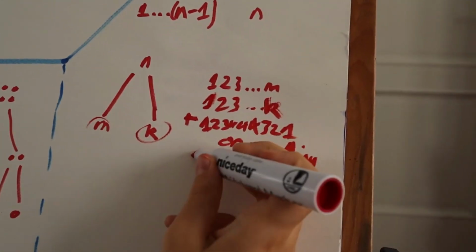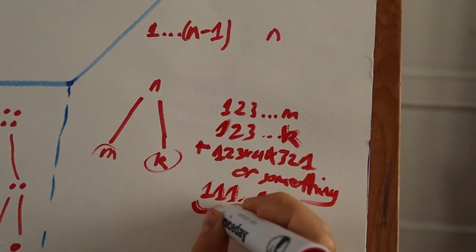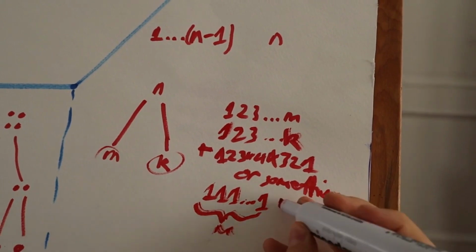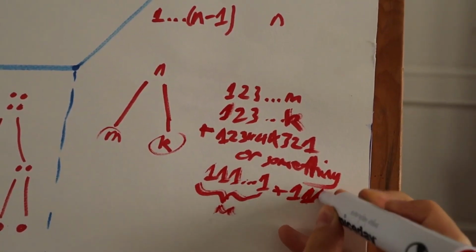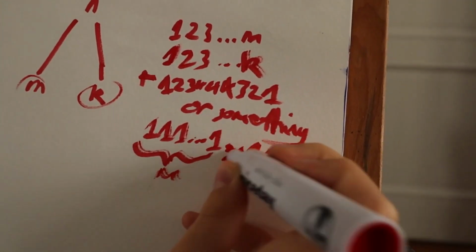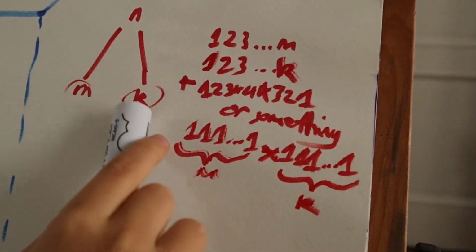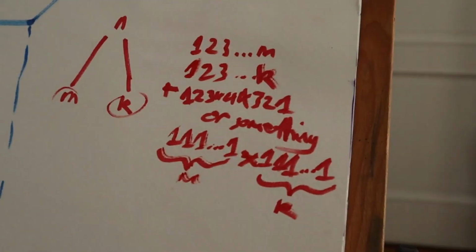This is going to be the result after multiplying the m 1s by the k 1s. This is multiply. Okay, so that plus that is going to give us the total result.